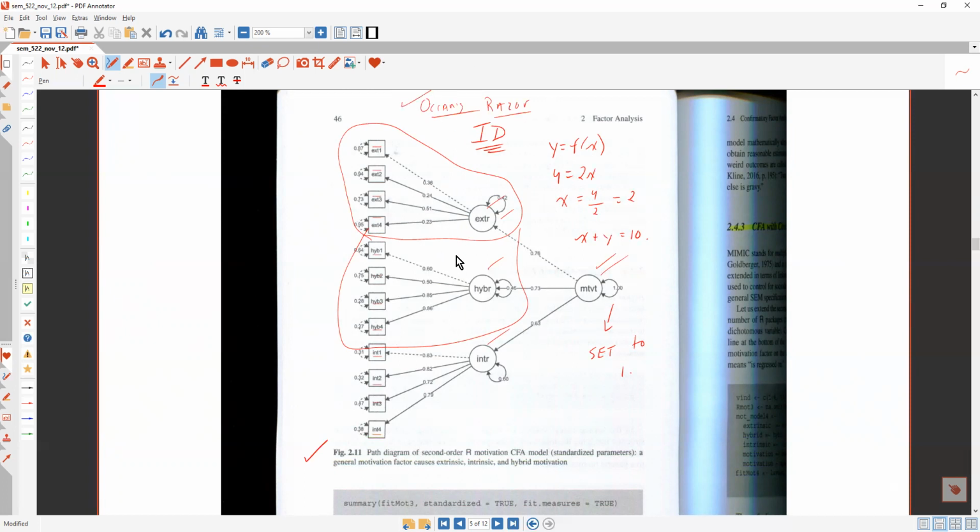The other concept we need to talk about here is the concept of identification. Okay, so ID, identification. Whenever you fit a model like this, you want the model to be identified. Okay, you want the model to be identified. And what that means is that the parameters that you're estimating in the model need to be able to be estimated.